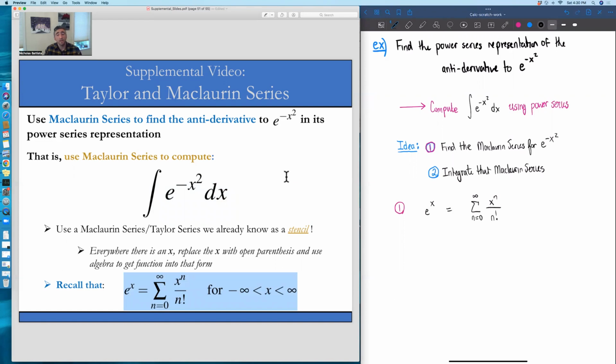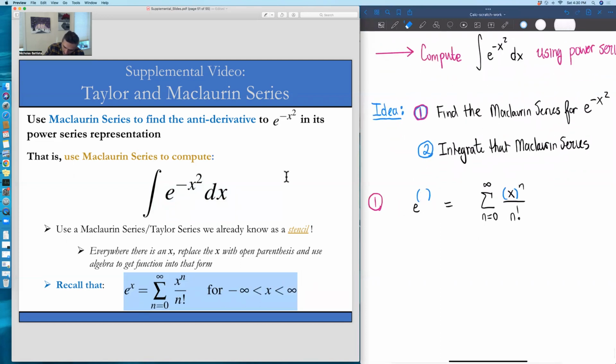And as we've done previously with power series, the way in which we can use these power series we know is we can think about writing parentheses around each variable x on both sides. And once we have those parentheses in place, we can come across and just erase that variable x.